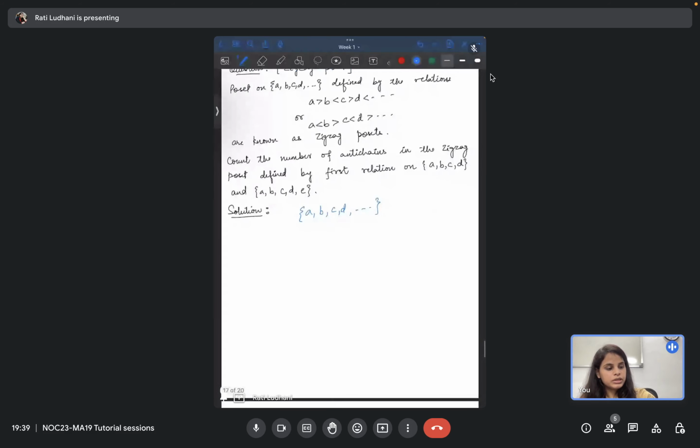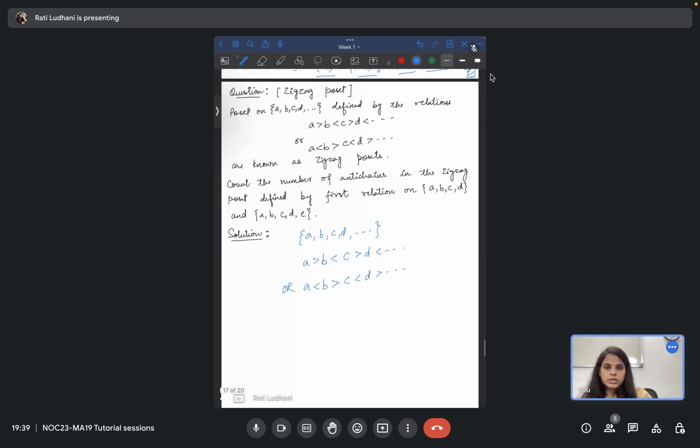If you have alternating relations, like A is greater than or equal to B, and then B is less than C, you have just alternate things. Or maybe the other side, where you have greater, then less, then again greater. If you have such a relation, it is said to be a zigzag poset.